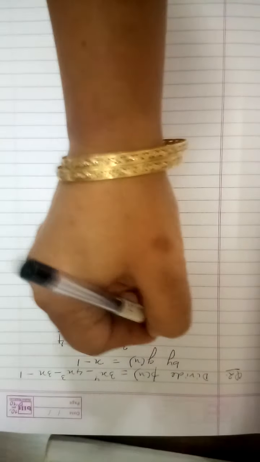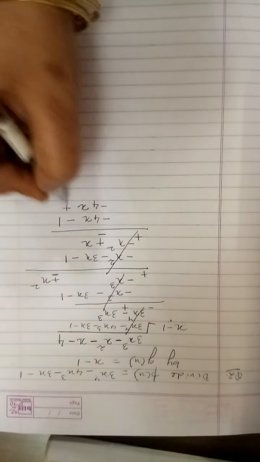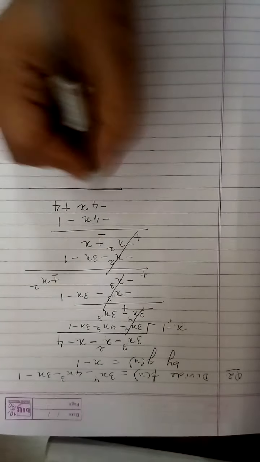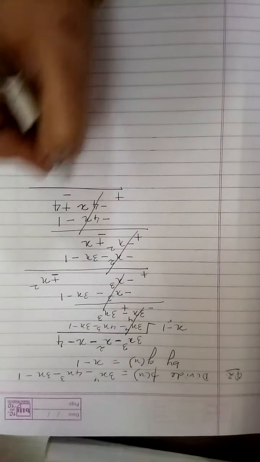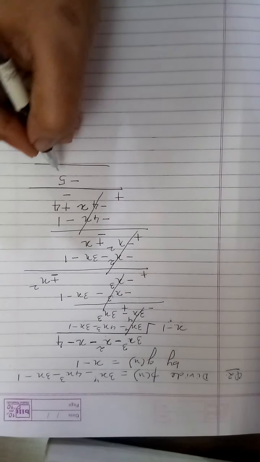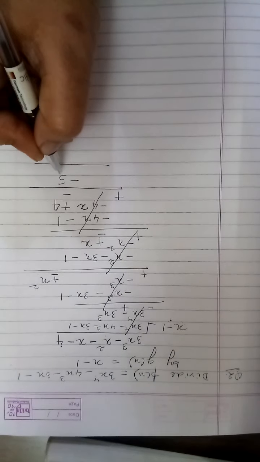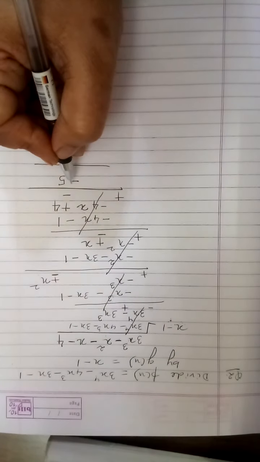Minus 4 into x gives me minus 4x. Minus 4 into minus 1 gives me plus 4. I again change the sign. This gets cancelled out and I get minus 5 over here. Now I stop dividing because the degree of this remainder is 0 and the degree of the divisor was 1. So I can stop dividing now.